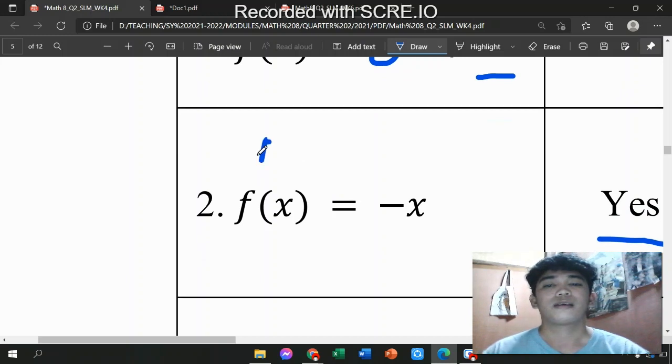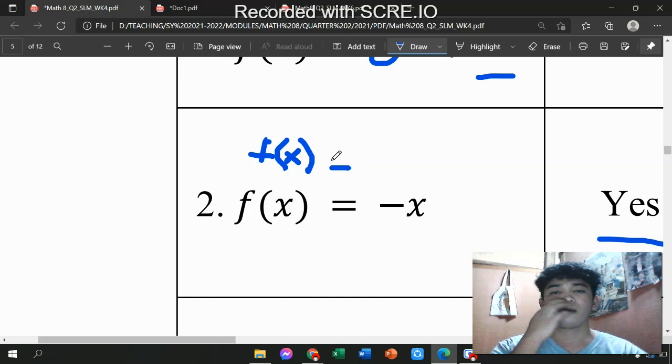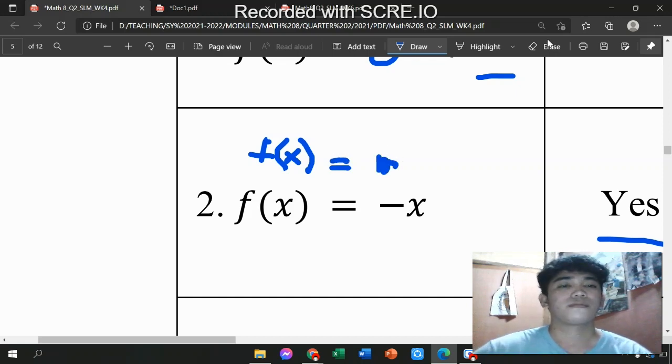Kaya pwede nato siyang isulat as f of x equals mx plus b.